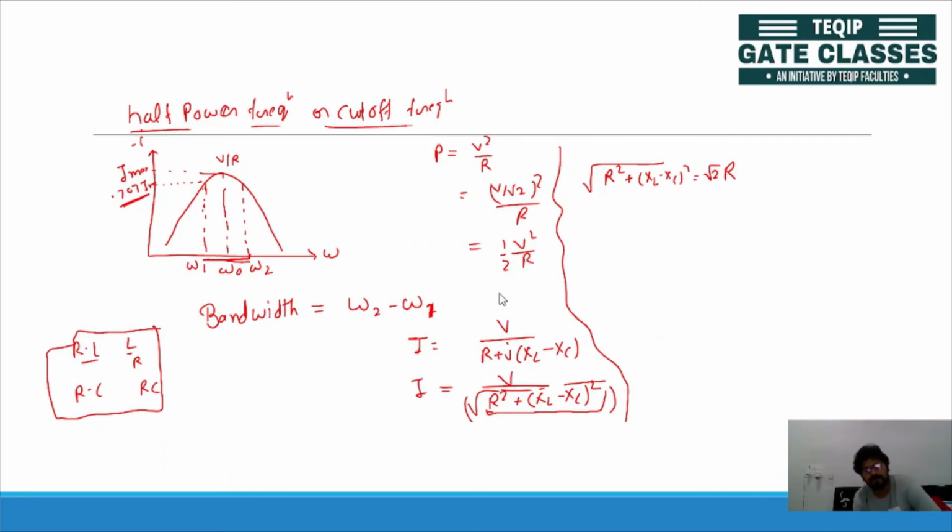So you want this to be equal to root 2 times R, then you will be here and your frequencies will be omega 1 and omega 2.